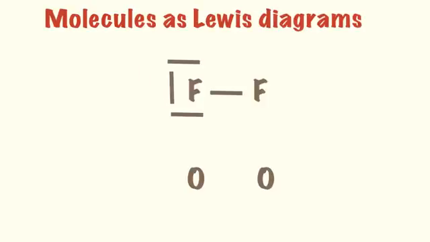I'm just going to fix these up a little bit so it's a little bit tidier. Right, so you form the little boxes around fluorine, and the same for the other side. There's 1, there's 2, and there's the 3rd pair. So now I've shown what the molecule of fluorine looks like.